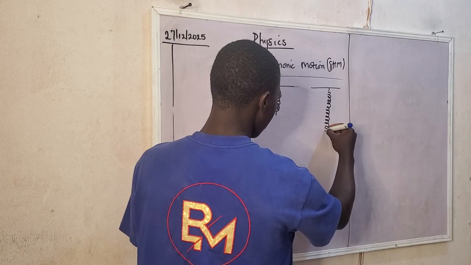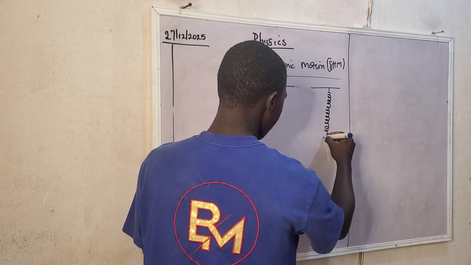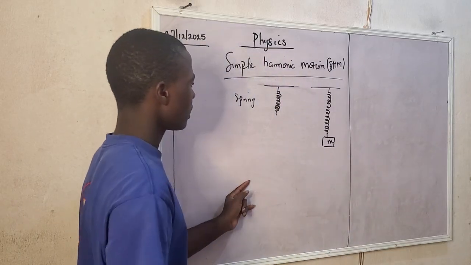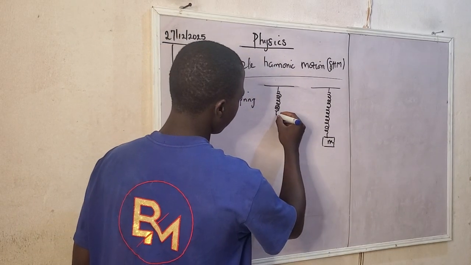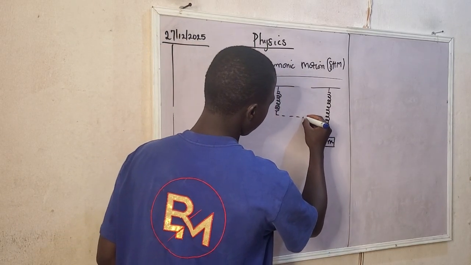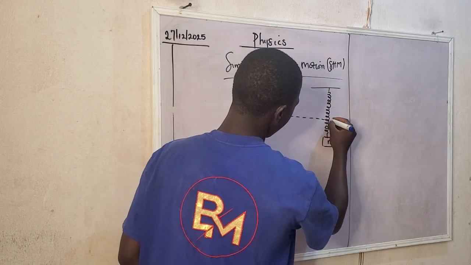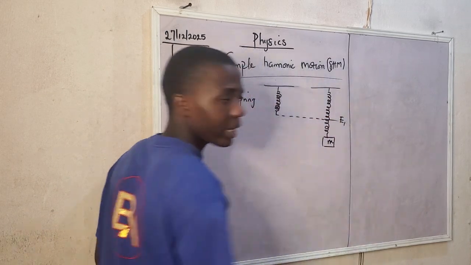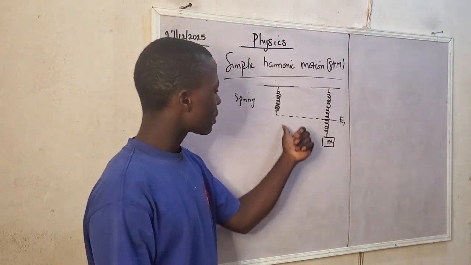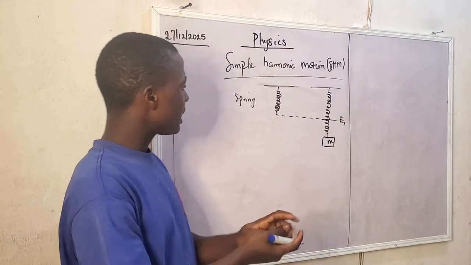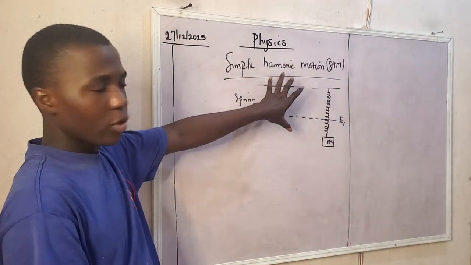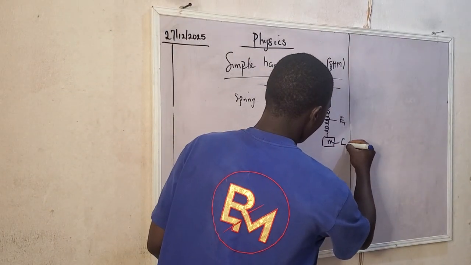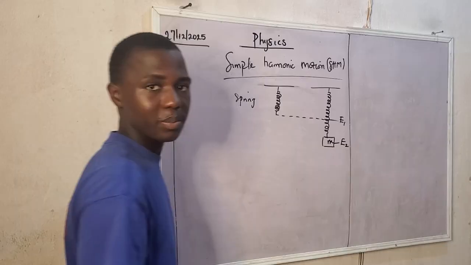So let's take a trace from here. This should be the first equilibrium position of the spring, before a load was applied. The spring is at rest, with no force on it. This would be the second equilibrium position, where the object is displaced.